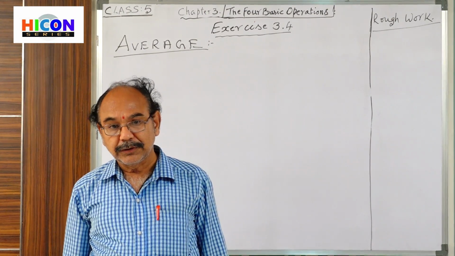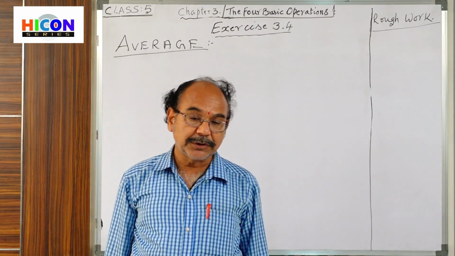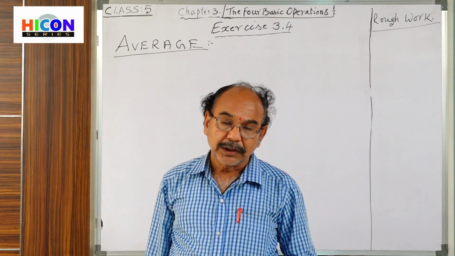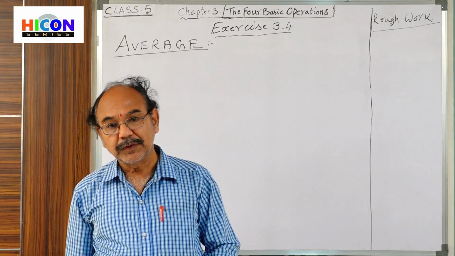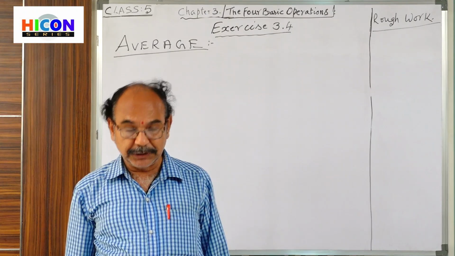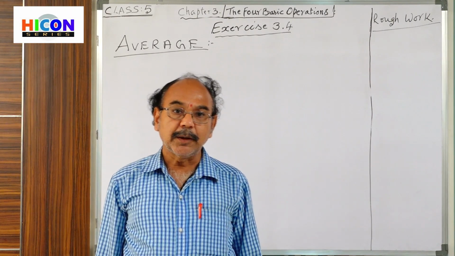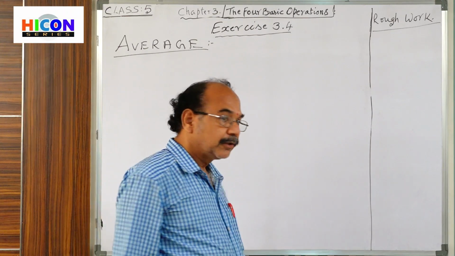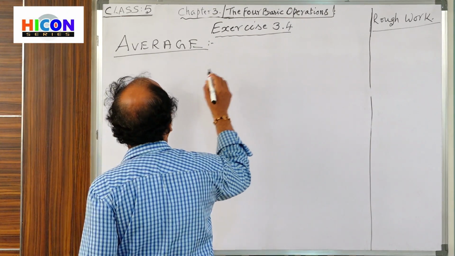So generally what do we say here? Average means, if the sum of some quantities is divided by the number of quantities, then we can get the average. That is the meaning of average.